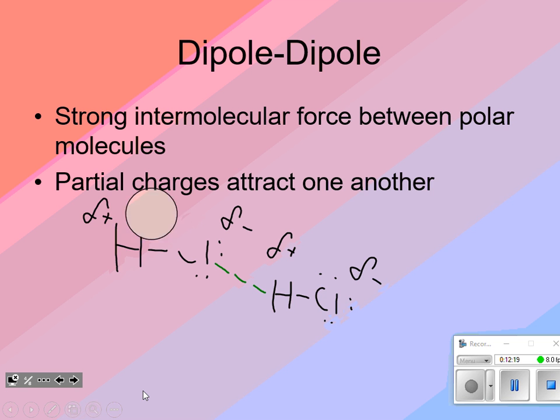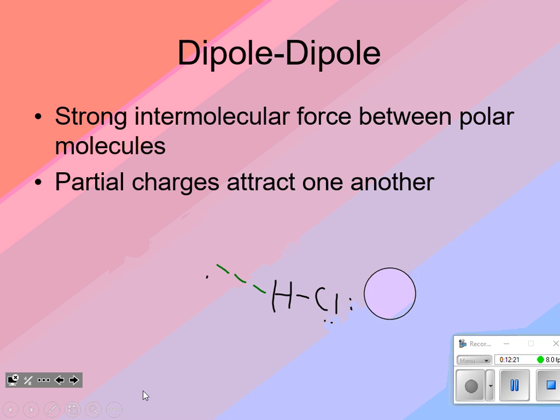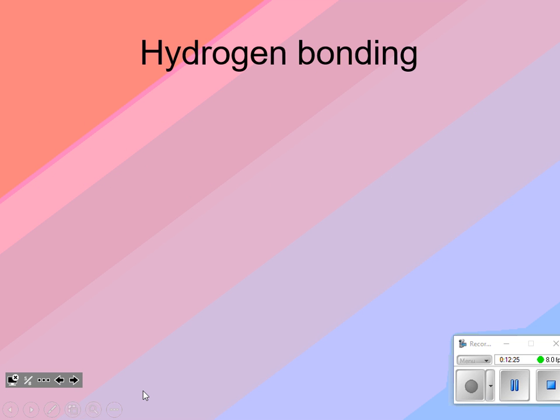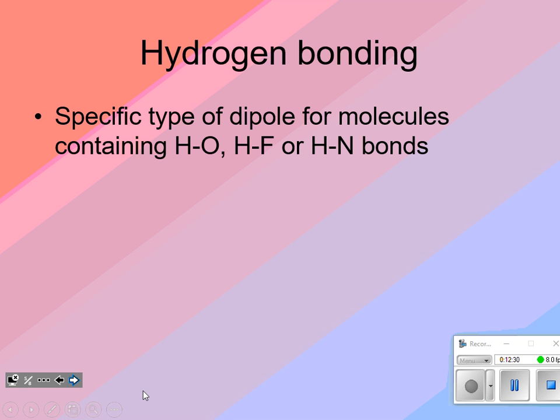Okay, I'm going to erase this. Hydrogen bonding is our second type of intermolecular force. Hydrogen bonding is a special type of dipole-dipole. It's an extra strong one. That's why it has its own category.